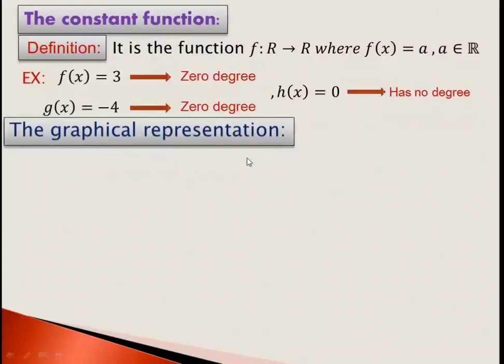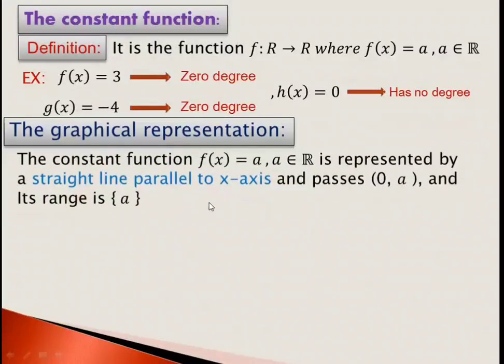And then we studied the graphical representation of the constant function. The constant function f of x equals a is represented by a straight line parallel to the x-axis and cuts the y-axis at the point (0, a). And the range of this function is the set which contains this constant a.